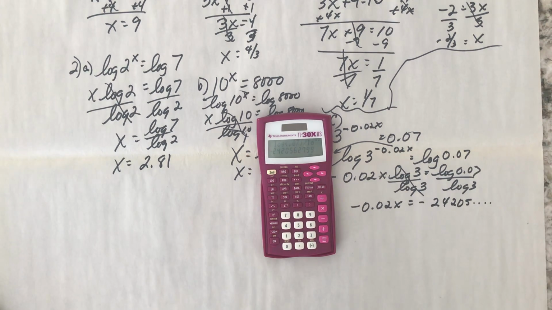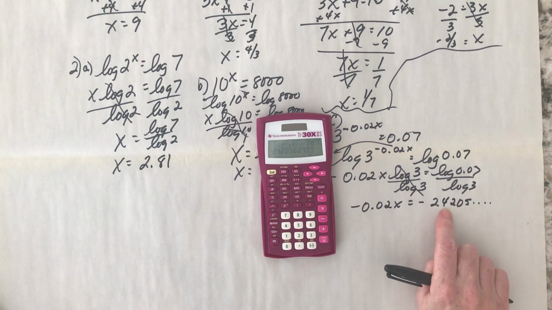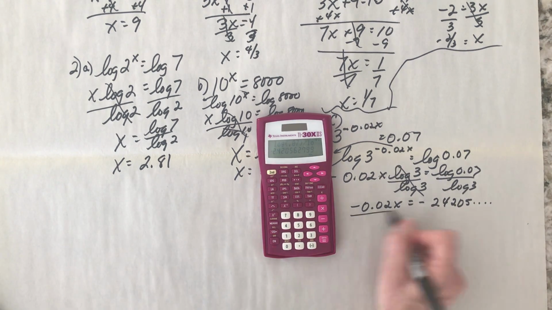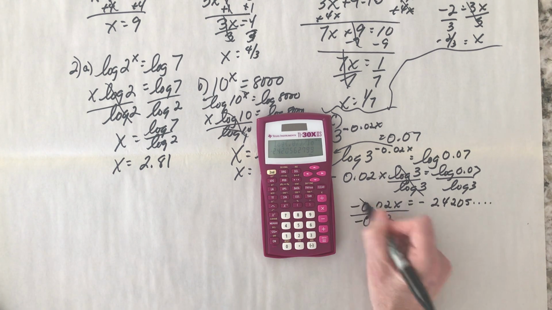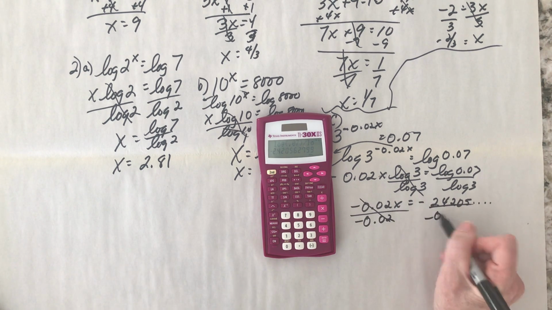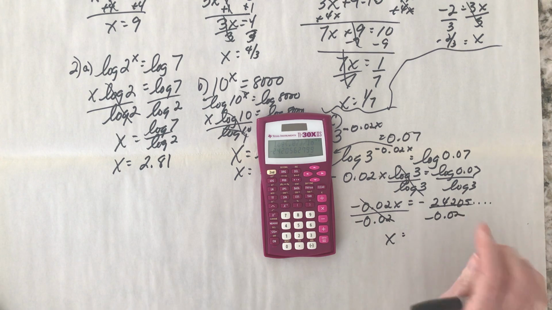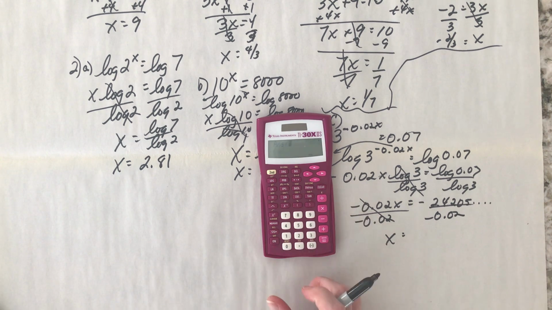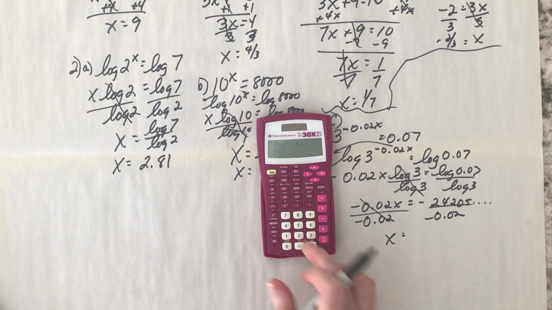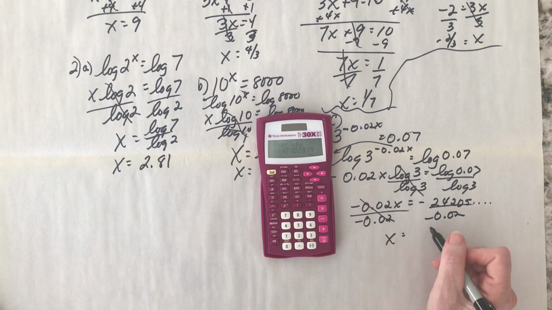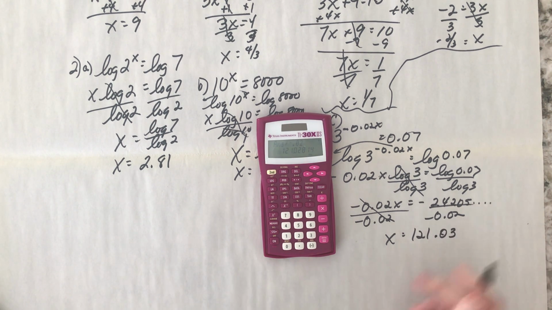Keep that in your calculator. That's the intermediate rounding. We don't want to do that. Now divide by negative 0.02 to get x all by itself. So x equals, take what's in your calculator and divide it by negative 0.02. Hit that equals button, and you're getting 121 and 3 cents if you were rounding it off to nearest hundredth.